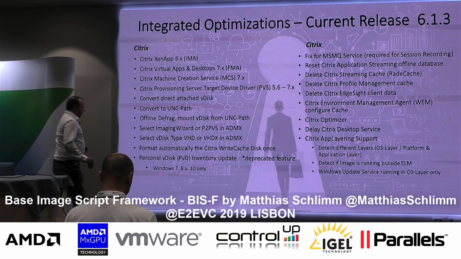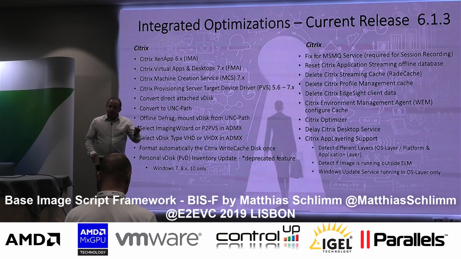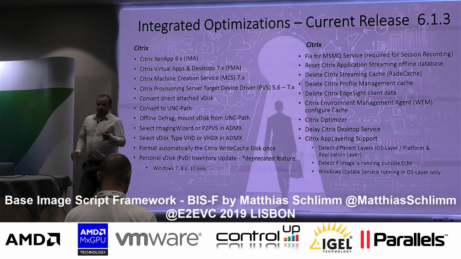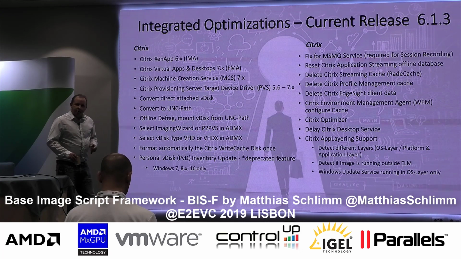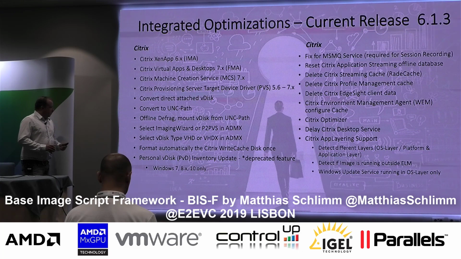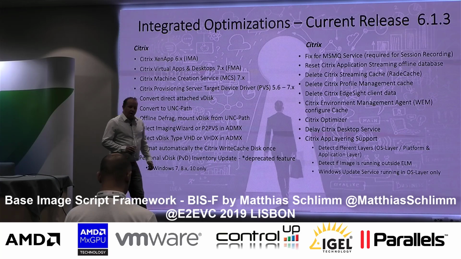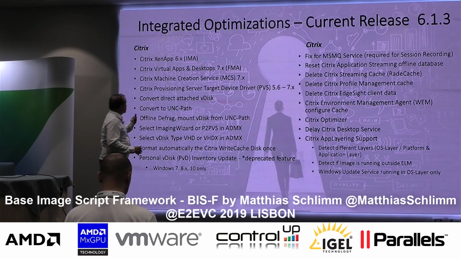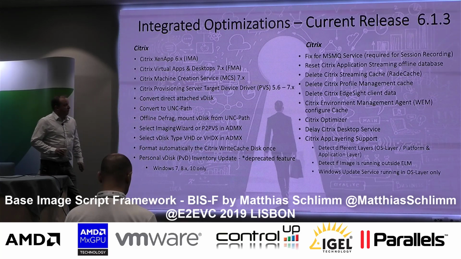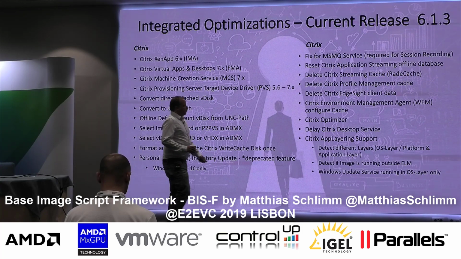If the VHDX is created, then it would be automatically mounted in your master image and defragmentation would automatically run on this mounted VHDX. That runs automatically out of the box. Also, for old environments, we're also supporting the IMA service, like Citrix XenApp 6.5 if you're running it in your environment, or all the other things that you can see here directly.